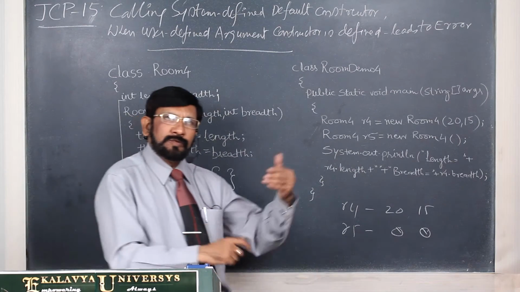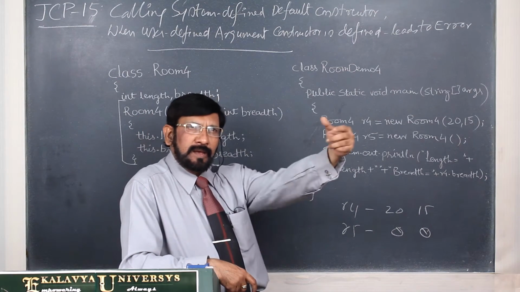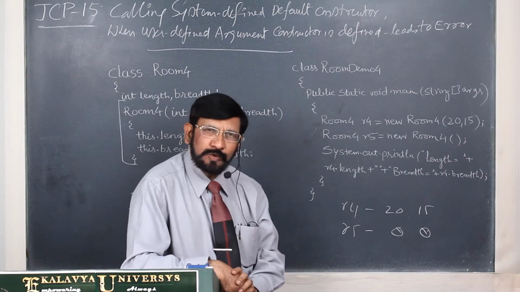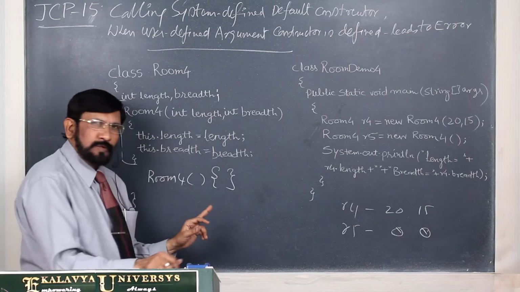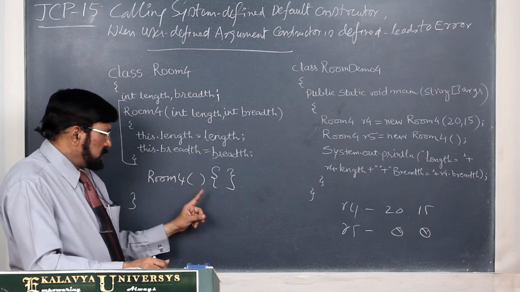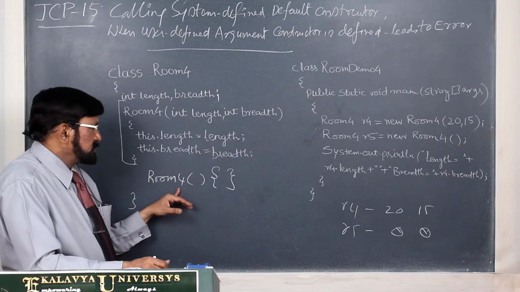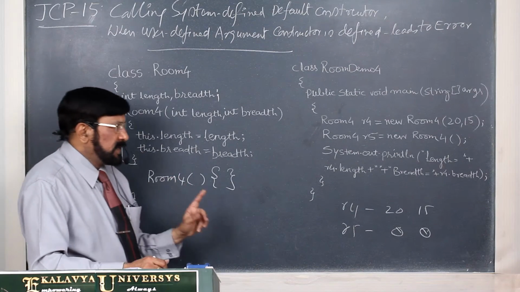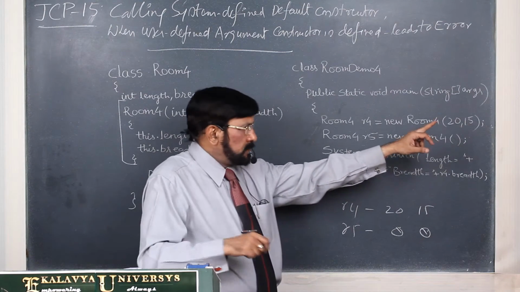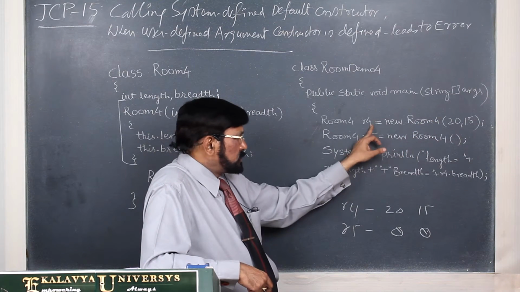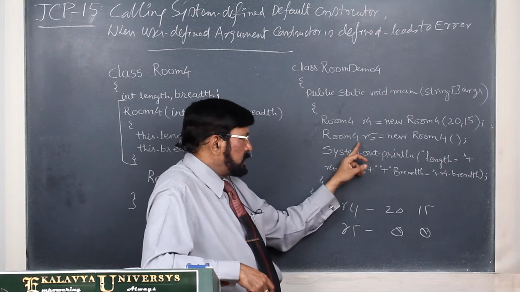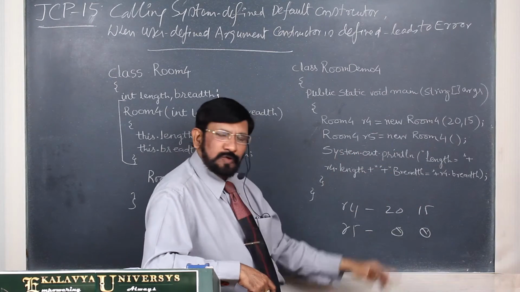If your program domain demands system defined default constructor also, then what you have to do is define user defined default constructor in the same class. Then you can avert the error, both will work. Consequently, now see, for Room4 20 and 15 are printed, and for Room5 0 and 0 are printed.